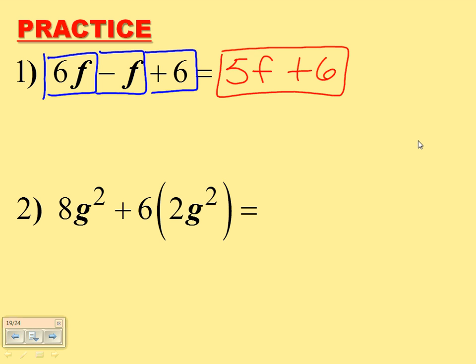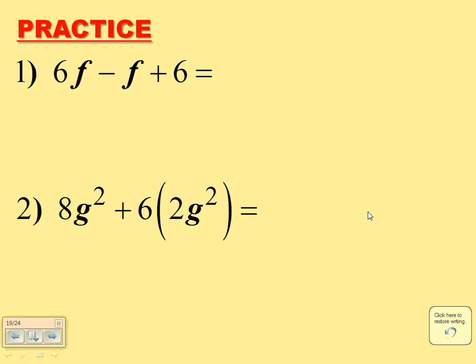What you guys have to do right now is multiply 6 times 2g squared first. So you have 12g squared.